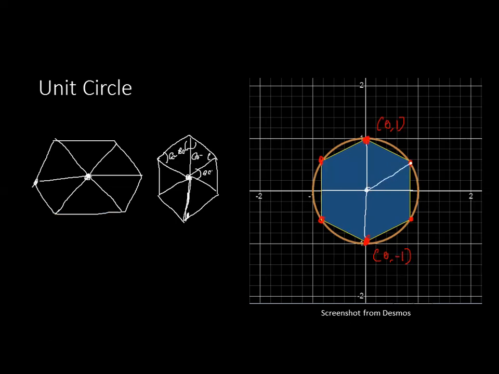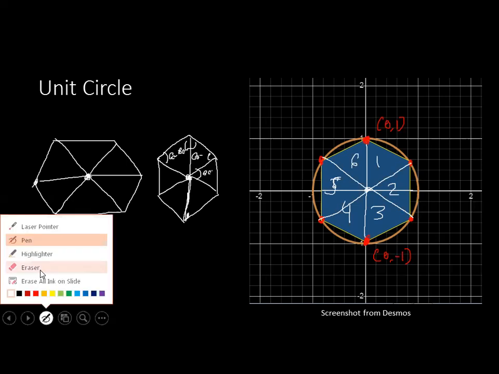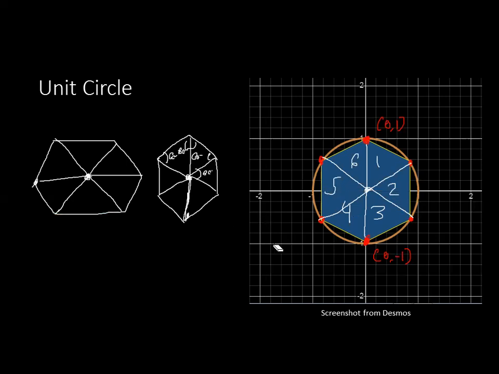So here we will have 1 triangle, 2, 3, 4, 5, and 6 triangles. Let me erase the x-axis. All right, there you go. So 1, 2, 3, 4, 5... so there are 6 triangles, I mean.